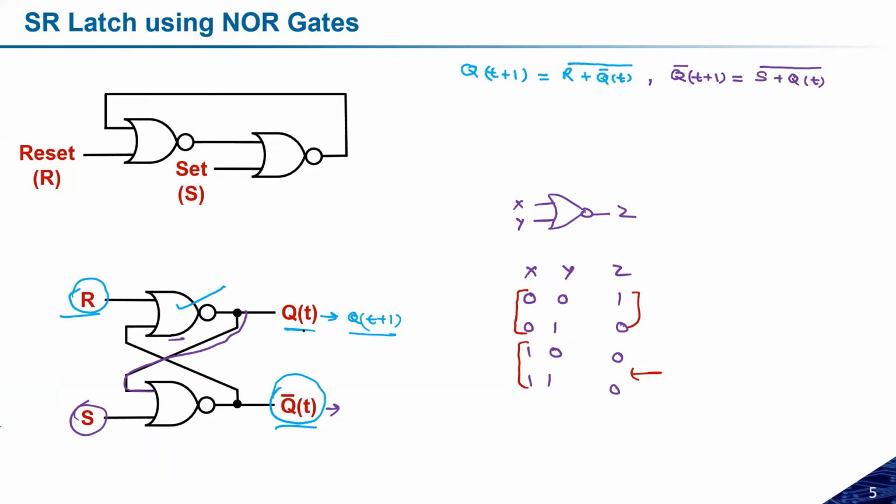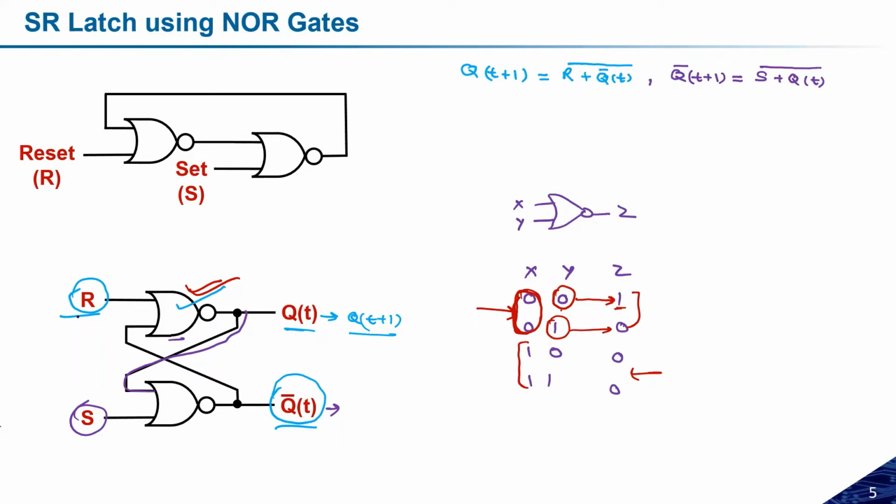See here, if one of the inputs is 0, then whatever input I provide to the NOR gate, the output will be complementary in nature. If you give 0 you get 1, and if you give 1 you get 0.